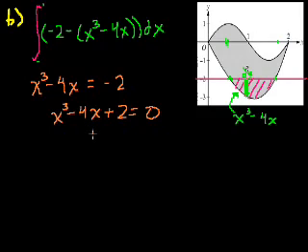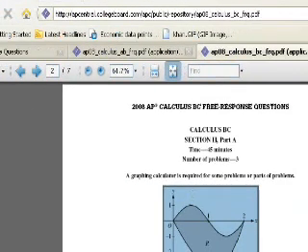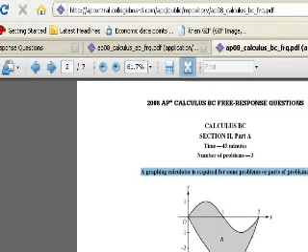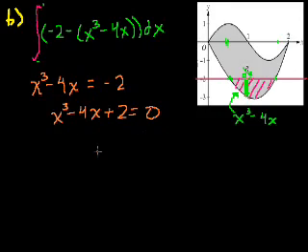I even tried Newton's method, and I kept getting weird numbers, and I became suspicious of myself. Then I looked at the actual test, and it says right there, a graphing calculator is required for some problems or parts of problems. I realized they probably want us to use a graphing calculator to figure out the roots of this polynomial. So let's do that.